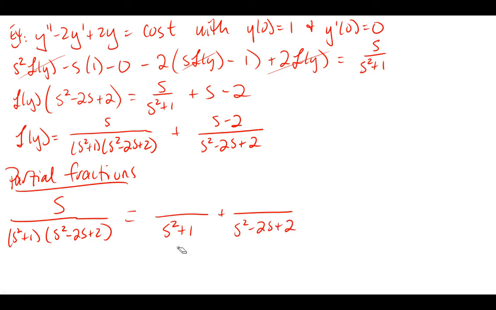Now our trick says whatever is in the bottom, I should guess for the top a polynomial of degree 1 less than the bottom. In this case, both of these bottoms have squares, so on top I need a first degree, which is of course the equation of a line. So I'll do as plus b, and maybe cs plus d.